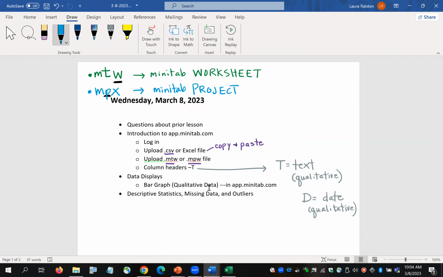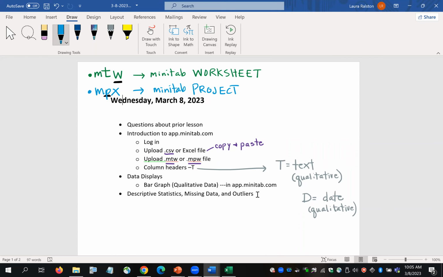Okay, so we're going to talk about how to create a bar graph in Minitab, and then also begin to think about how to analyze it. Now, why do we need to do that? Well, when you display the data and you're writing your report or preparing a presentation, you want to be able to communicate what information is on that bar graph.